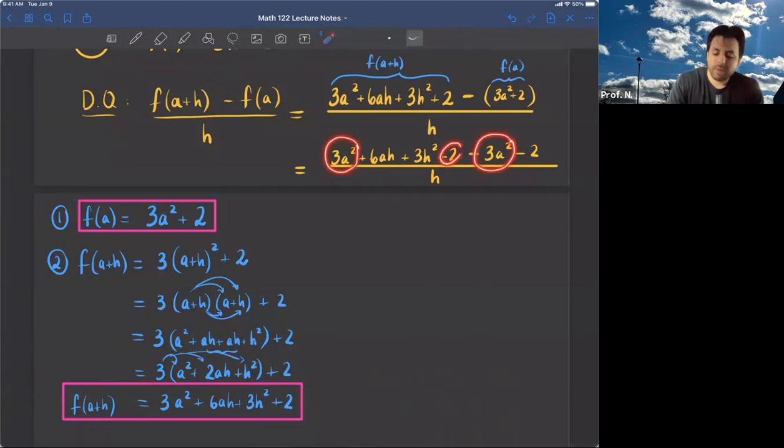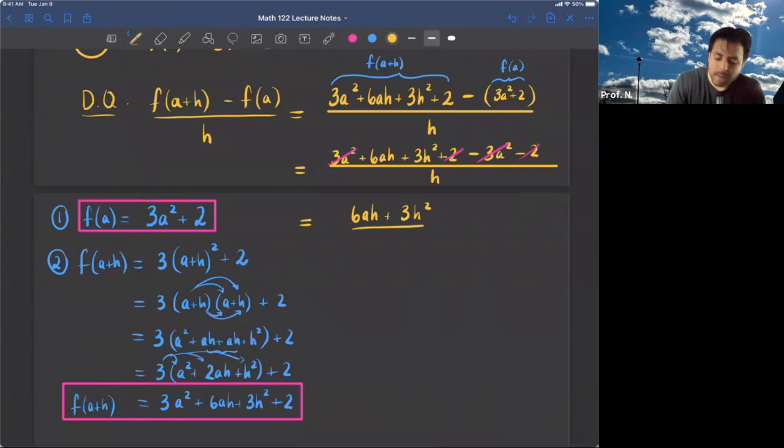There's a positive 2 and there's a minus 2. So all of these terms are going to cancel out. And what's left at the end? At the end, it's 6ah plus 3h squared. And that's it as far as the numerator. So in the numerator, all I have are terms in terms of h.